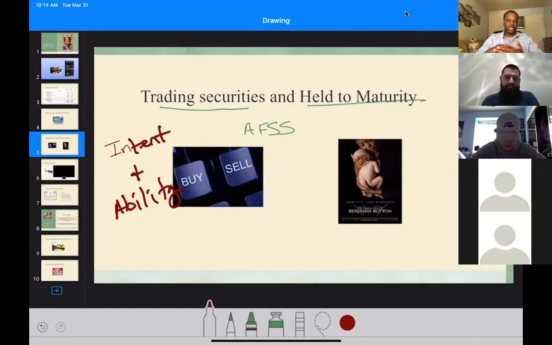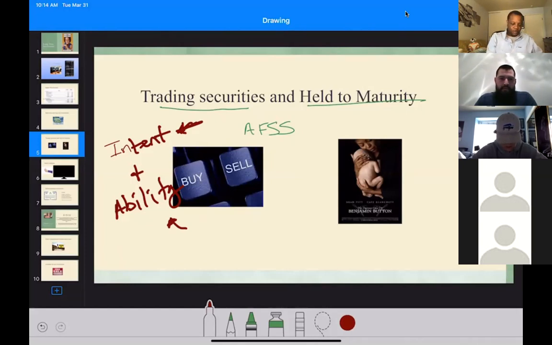So by doing that, you're saying, I intend to hold this investment all the way through the end of the term until it matures. That would be the 3-year term. And then I also have the ability to do so. In other words, when you look at my cash flow, this is money that you wouldn't expect me to need in the next 3 years, because I have the ability to hold it to maturity.